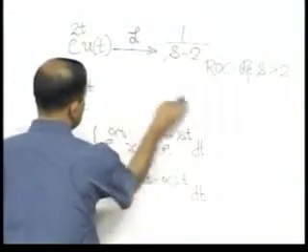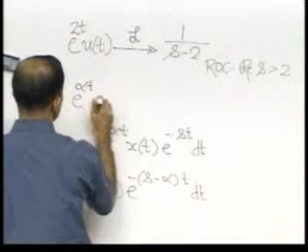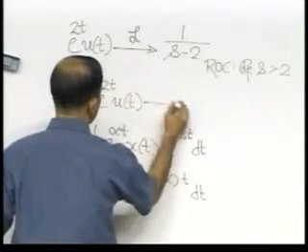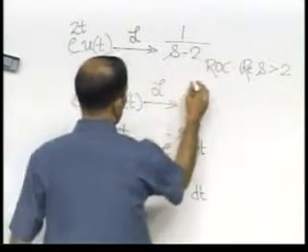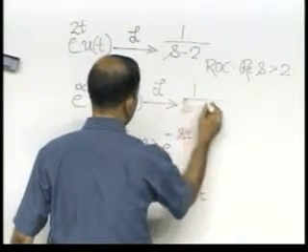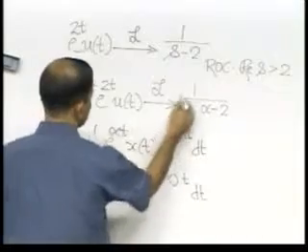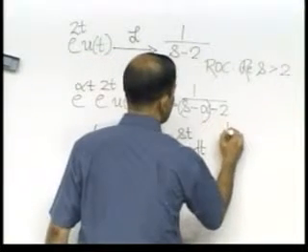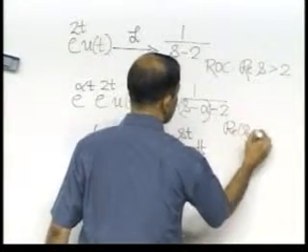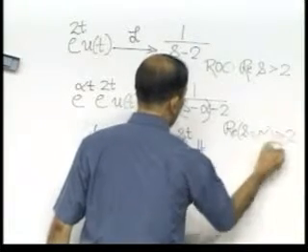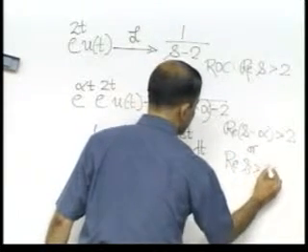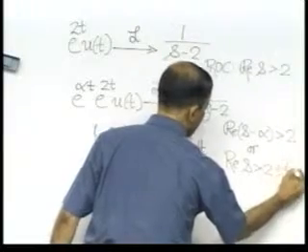And therefore, e raised to the power of alpha t, e raised to the power 2t u t would have the Laplace transform given by 1 by s minus alpha minus 2 with a region of convergence, real part of s minus alpha is greater than 2 or real part of s greater than 2 plus real part of alpha.